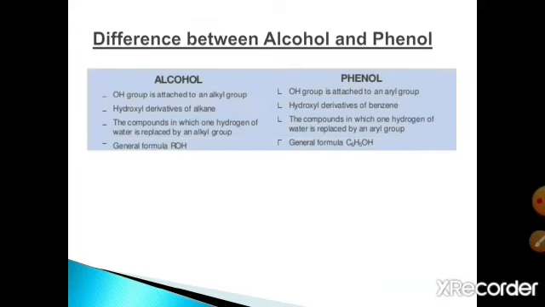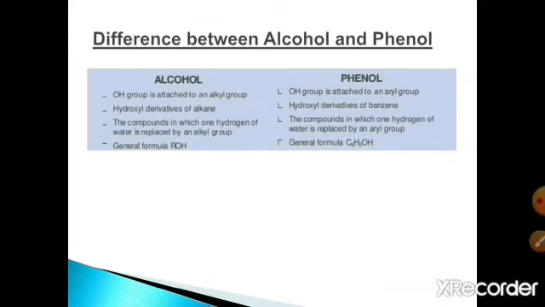The general formula of alcohol is ROH. When an alkyl group is attached with OH, or one of the H is replaced by an alkyl group, then it is known as alcohol. The general formula of phenol is C6H5OH. C6H5 represents the phenyl or aryl group.